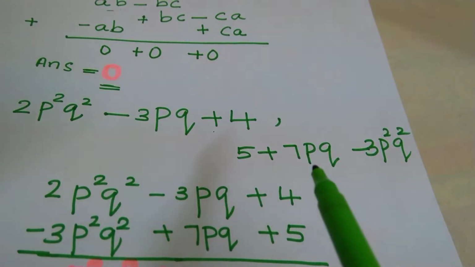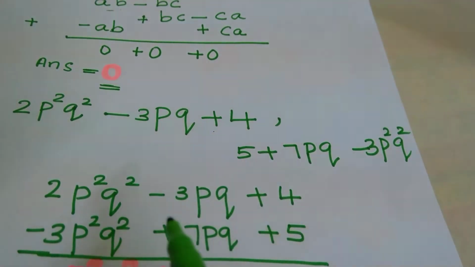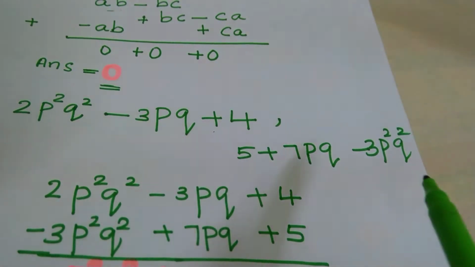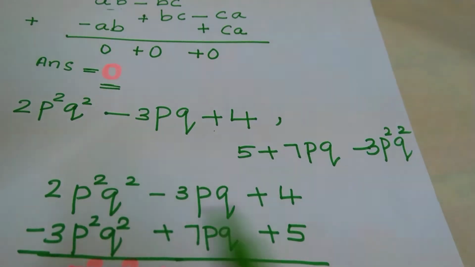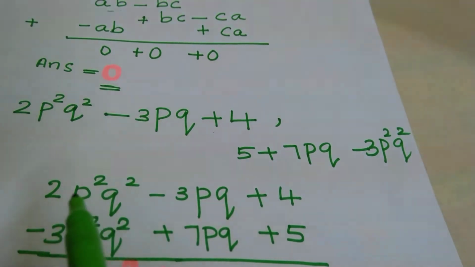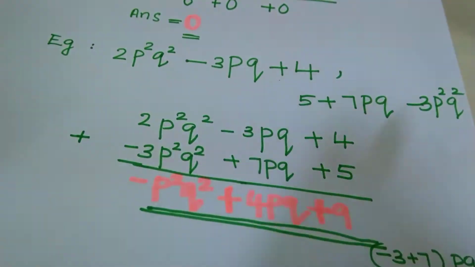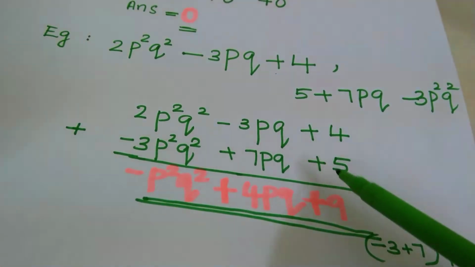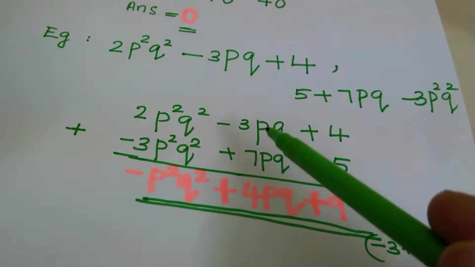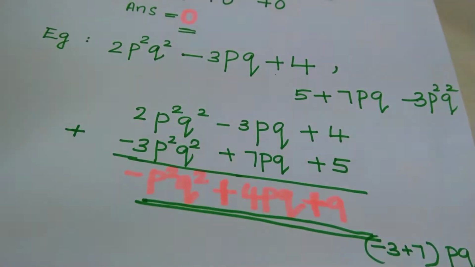Now we have 7pq. This 7pq we will write under this minus 3pq. Now we have minus 3p square q square. That we will write under this 2p square q square. Now when we add, we have 4 plus 5, 9. Now we are going to add these two terms.